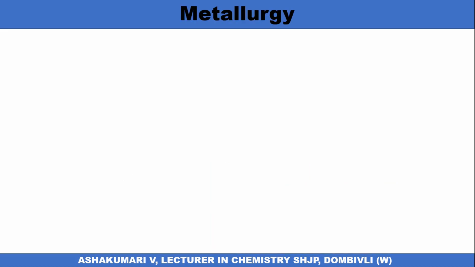We have studied the definitions of ores, minerals, gangue, flux and slag. So, we have the ores now. The next step is to extract the metals from the ores. The extraction of metals from the ores is known as metallurgy.